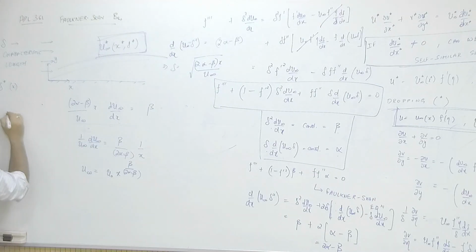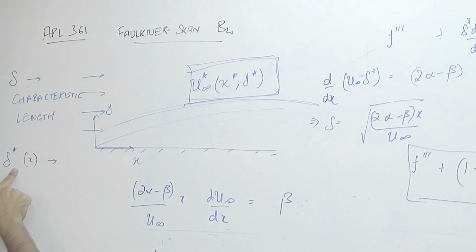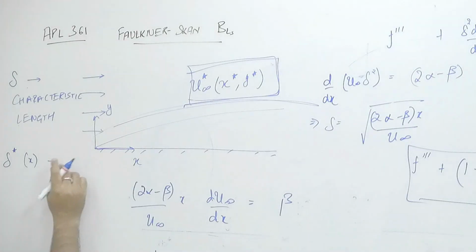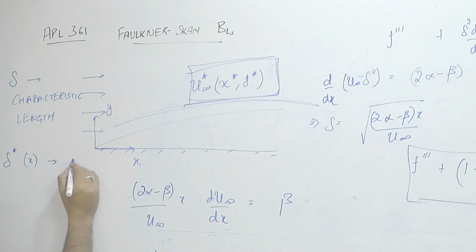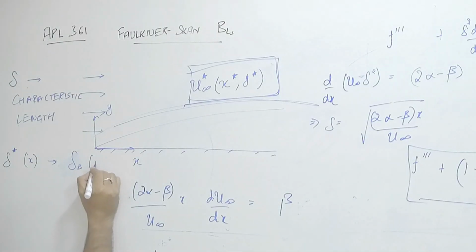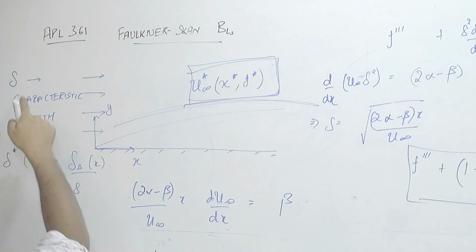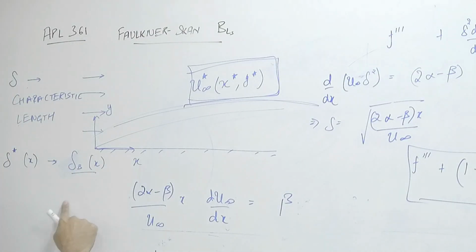x is basically some boundary layer thickness, let's call it delta b of x, over this delta, which is this characteristic length, so this is dimensionless.